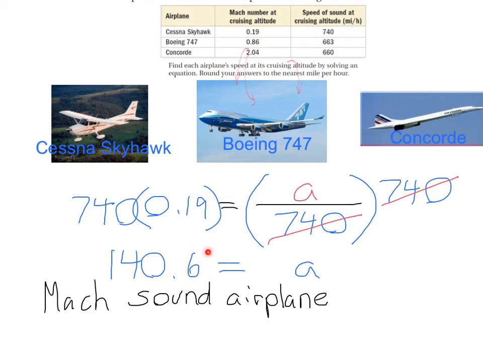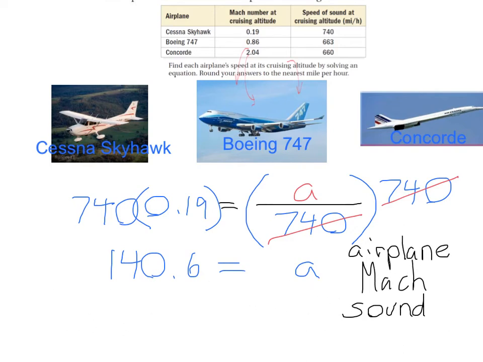Now this 0.6, this digit 6, of course, is 5 or higher, which means this 0 is going to jump up to the number 1. So let's move this out of the way, and let's know that 140.6 is going to be approximately 141, and let's say mph, miles per hour.